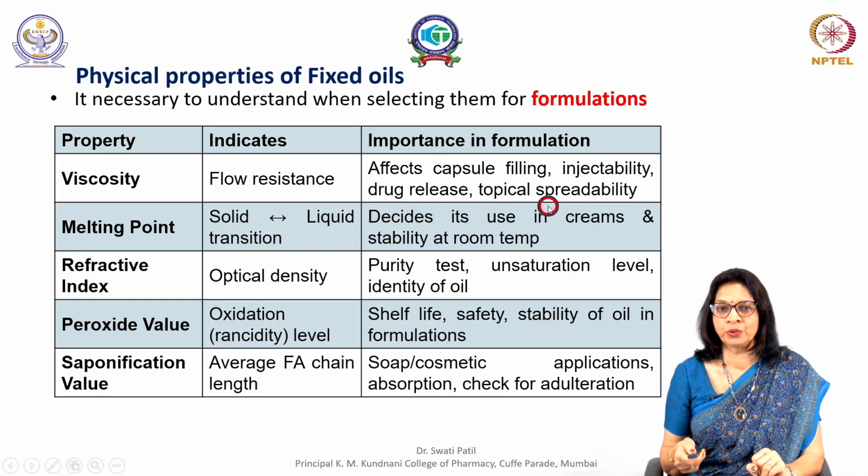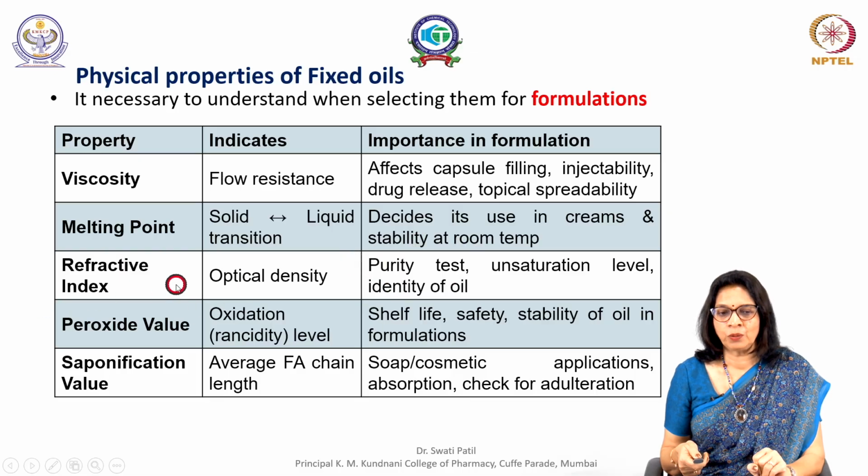If you are going to store the formulation at room temperature, then looking at the melting point of the raw material is important. The refractive index, which indicates the optical density, helps us find out whether it is pure, what is the unsaturation level, and helps us to identify the oil.